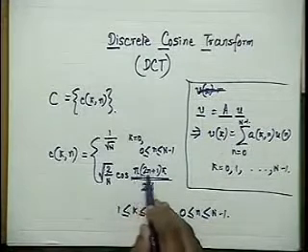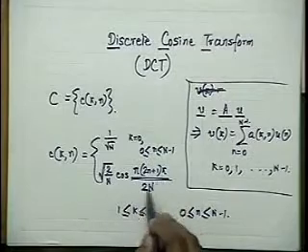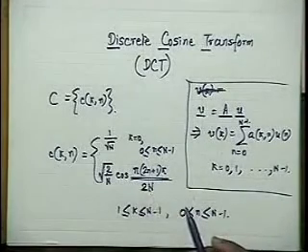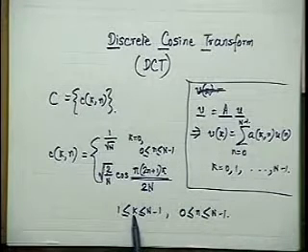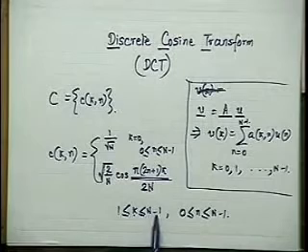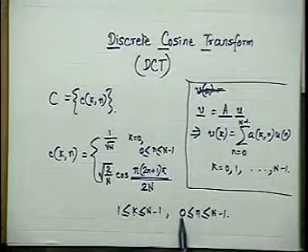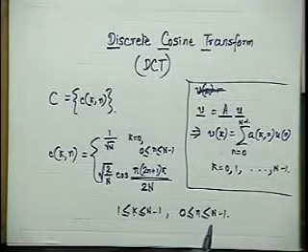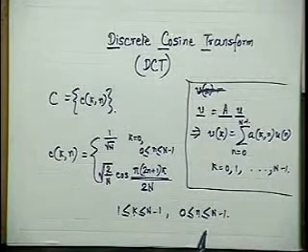So pi (2n plus 1) k by 2N forms the argument of the cosine function, defined for k within the range 1 to N minus 1 and n within the range 0 to N minus 1. These are the elements of the cosine transformation matrix.